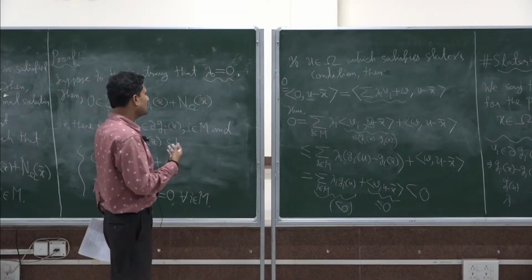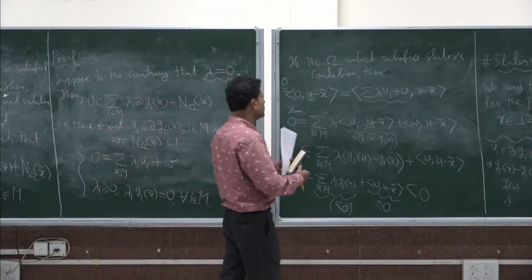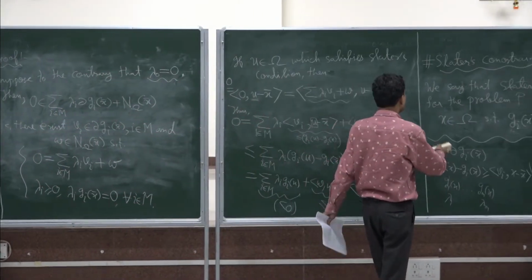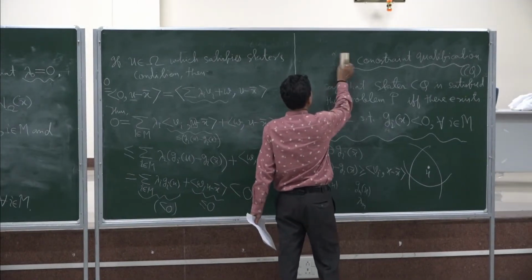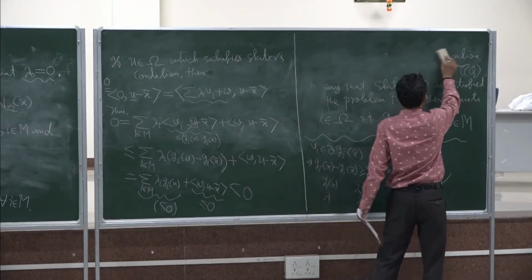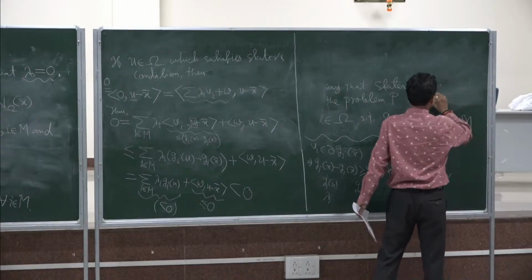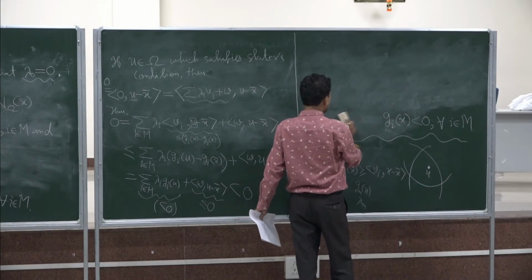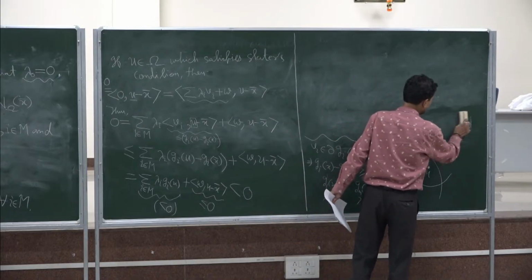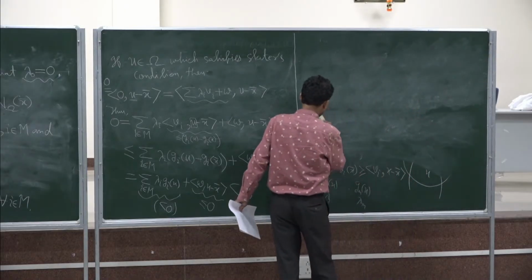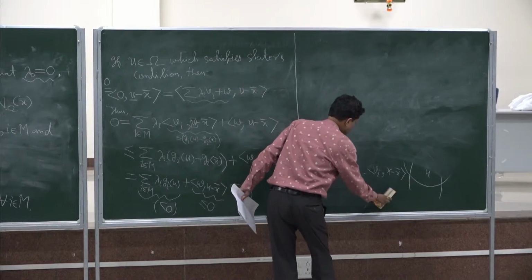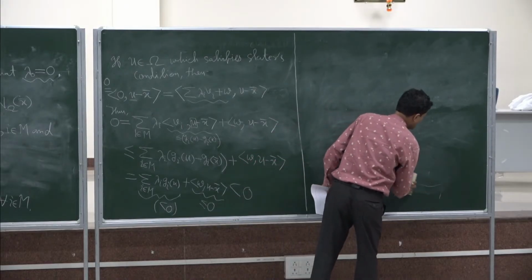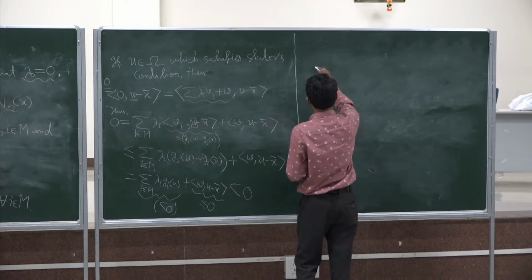So when this lambda naught is not equal to 0, we can rearrange the multipliers. We can always rearrange the multipliers from the Fritz John condition or divide it by lambda naught. So which is a contradiction, right?